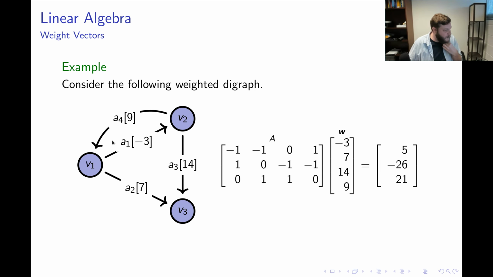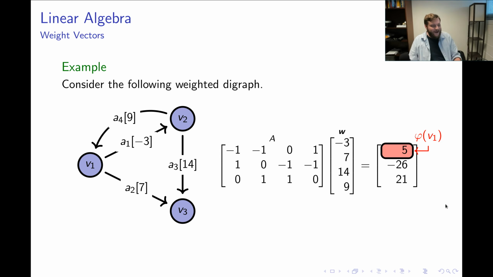Well, there's only one weight pointing to V1, that's 9, and my two weights pointing away from V1 are 7 and -3. If I took 9 and then subtracted 7 and then subtracted -3, that would get me the number 5.